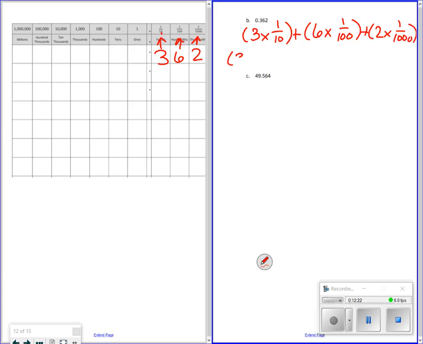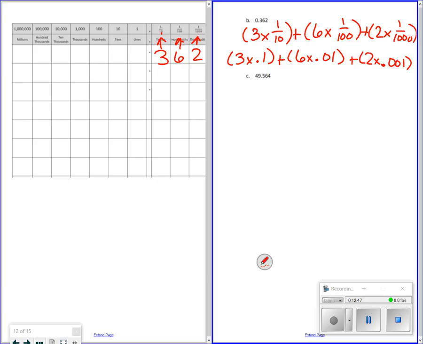Or 3 times this. I saw some of you write your decimals on there. That's why I'm doing it. 6 times that. 2 times that. There you go. You can do either one. You don't have to do both.